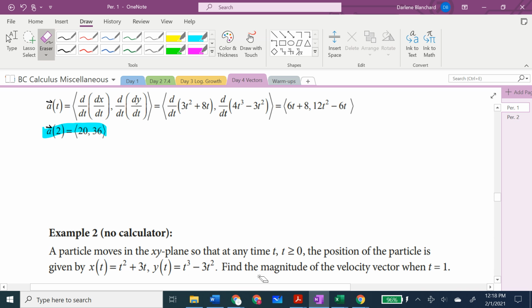This example is asking you to find the magnitude of the velocity vector, so just its length. And I'm going to talk to you a little bit about what that is. But first, I want you to find the velocity vector at time 1. So just like the previous example, we're going to find velocity at time 1, but there's going to be an extra step. And you might figure it out before I get there.